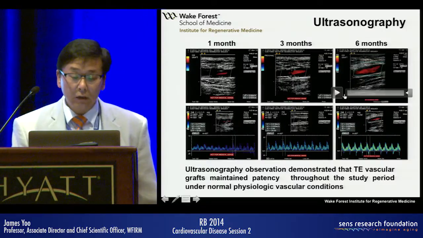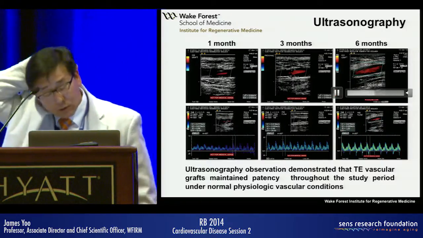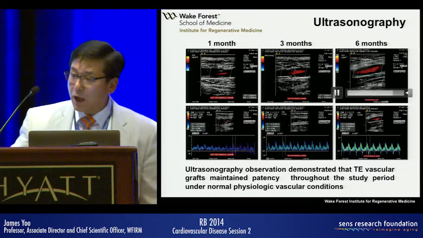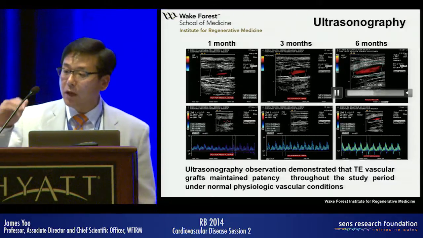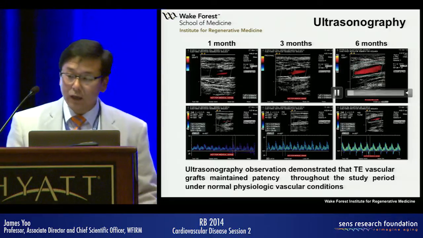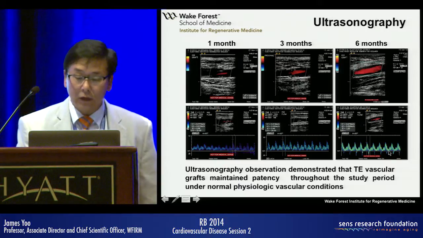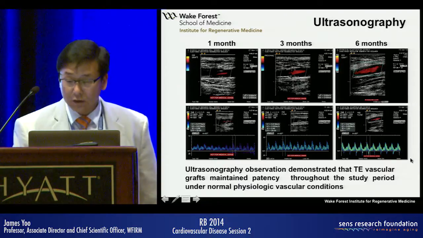We followed this set of animals for up to 6 months, and we were able to confirm that the patency was maintained and blood was flowing like arterial blood up to 6 months.